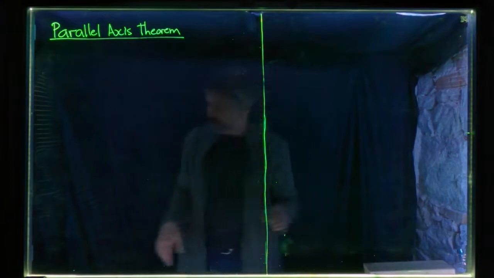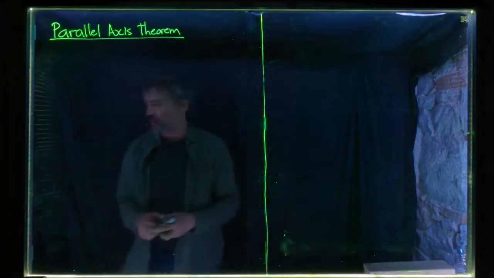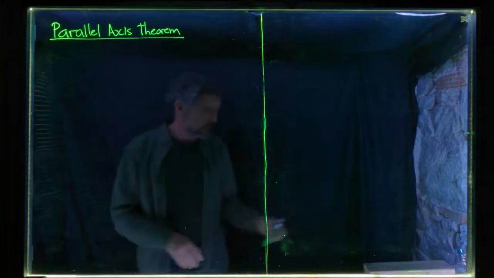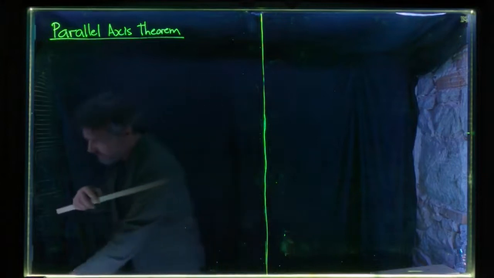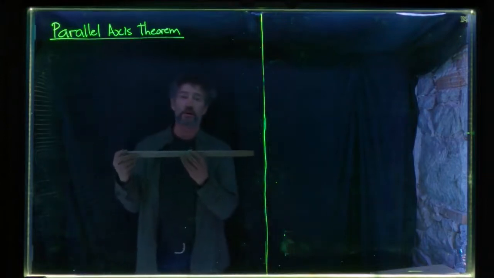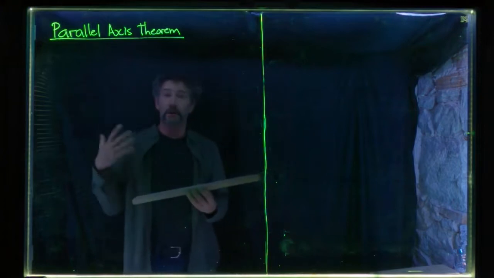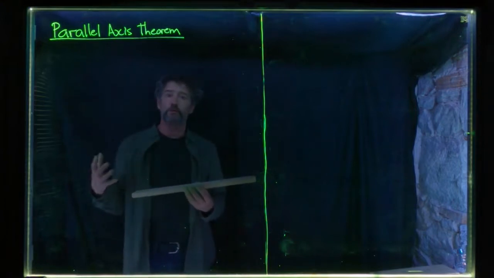Okay. And the way we're going to get at that theorem is we're not going to derive it in general. What we're going to do is consider a simple example, and that example is a thin uniform rod, like this rod over here. And we're going to calculate using calculus, because that's generally how moments of inertia are calculated.